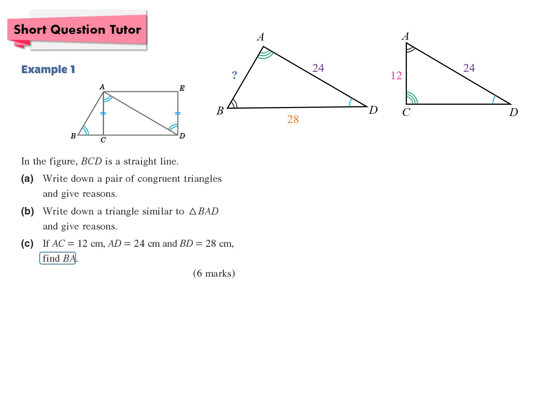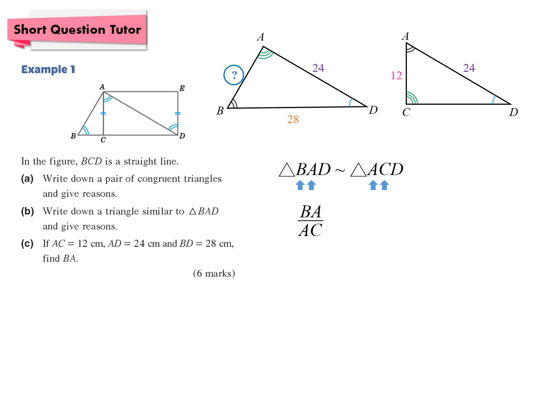In part B, we knew that triangle BAD is similar to triangle ACD. First, write down BA. BA are the first and second letters in the first triangle, so the corresponding side is the first and second letters in the second triangle, that is AC.